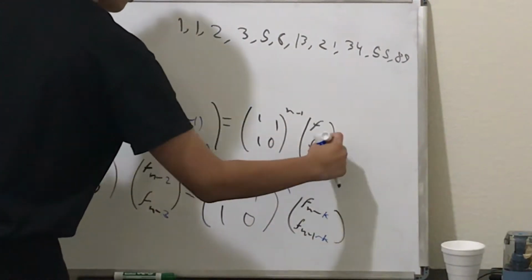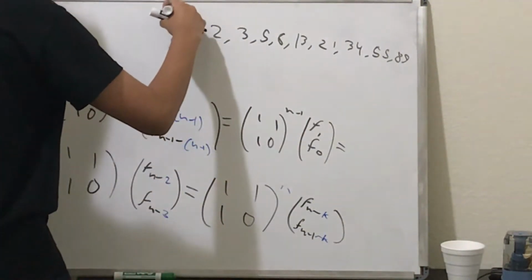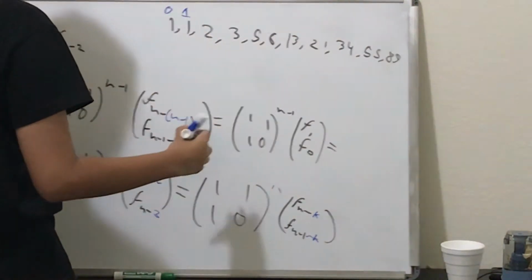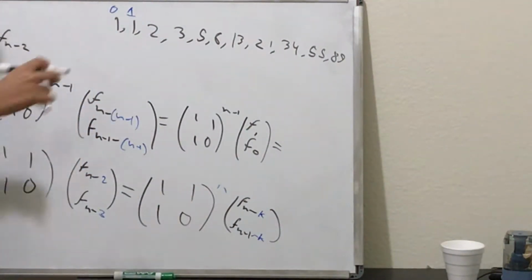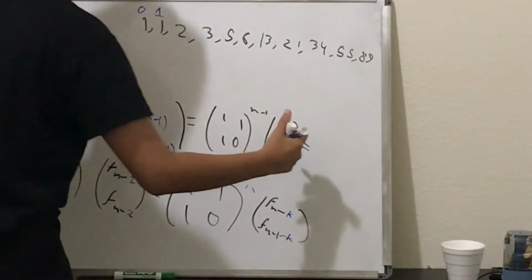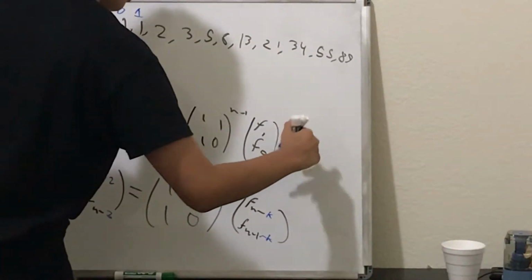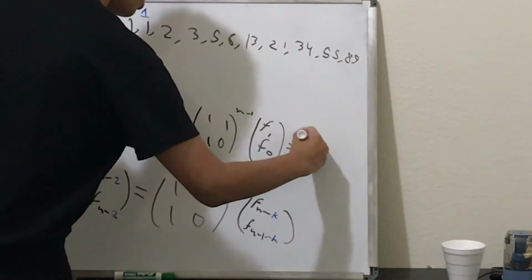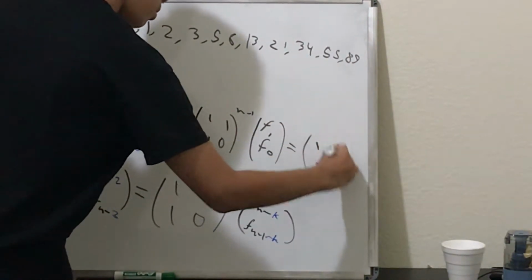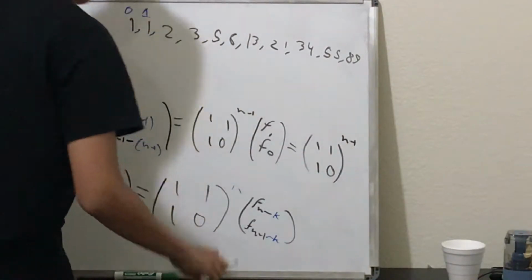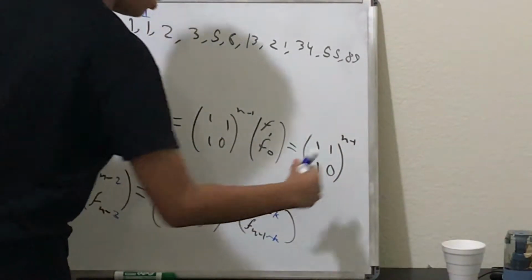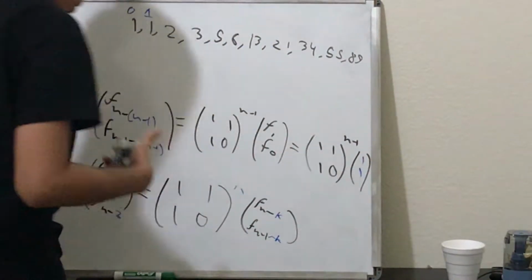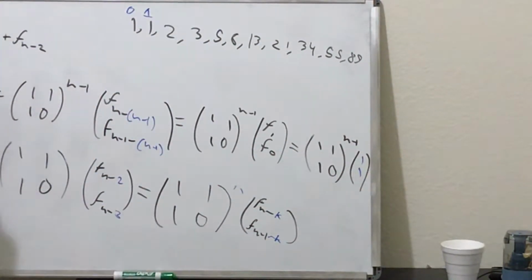What is F of 1 and F of 0? Well, this is our 0 place, this is our 1 place, or our 0th term and our first term. So it's going to be our matrix applied onto F of 1, F of 0, which just turns out to be 1, 0.